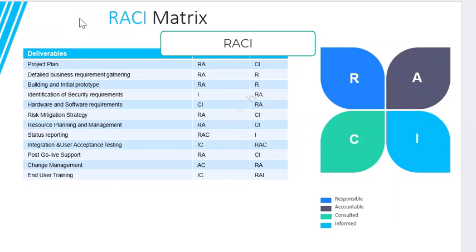Accountable means you are the one who is accountable, like the delivery partner. Consulted means you have to consult them. Informed means you just have to inform them what is happening in the project. So you have to define the deliverables, what the deliveries are, and who is responsible. Those things you have to do there, right?